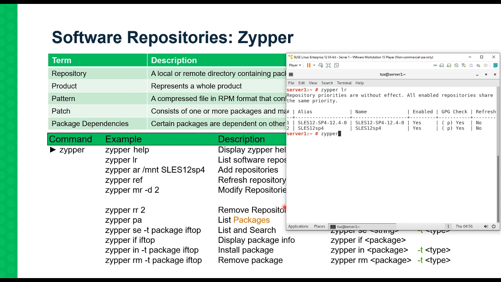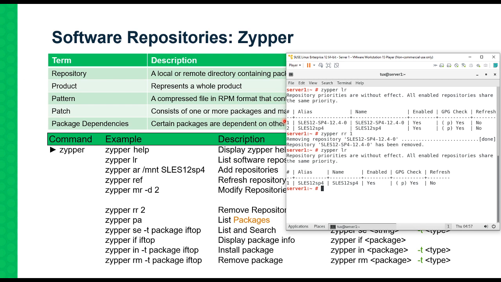We'll go zypper, remove repository, rr, space, and the corresponding number. In my case, it's number 1. And I'll remove the repository. Now let's list our repositories again. Zypper, list repositories, enter, and we only have 1 repository left.